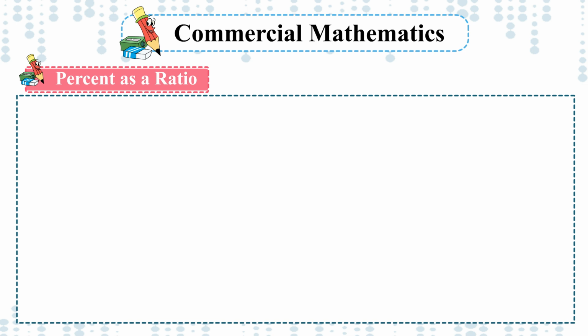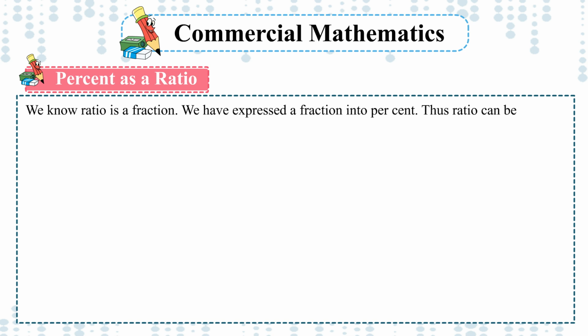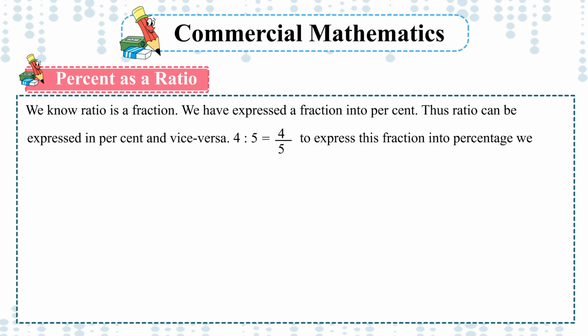Percent as a ratio. We know ratio is a fraction. We have expressed a fraction into percent. Thus ratio can be expressed in percent and vice versa. 4:5 is equal to 4 upon 5.